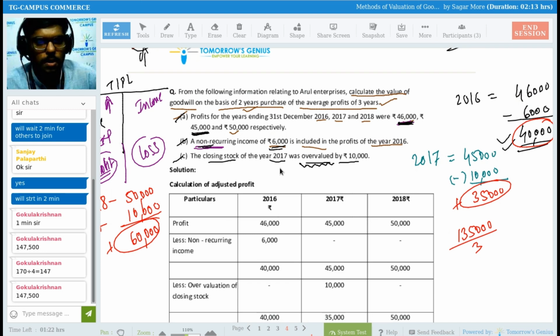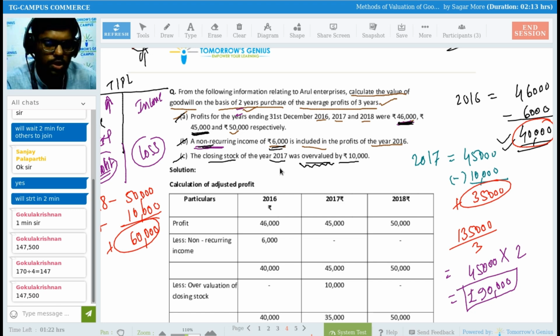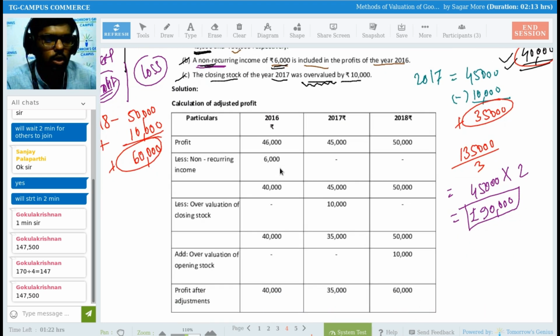Multiply by number of years of purchase. 45,000 multiplied by the number of years of purchase, which is 2, so my goodwill answer is 90,000. Understood the concept? Okay, good.